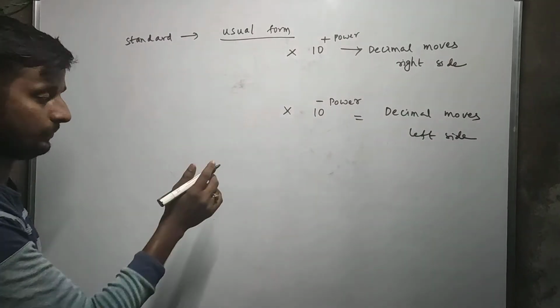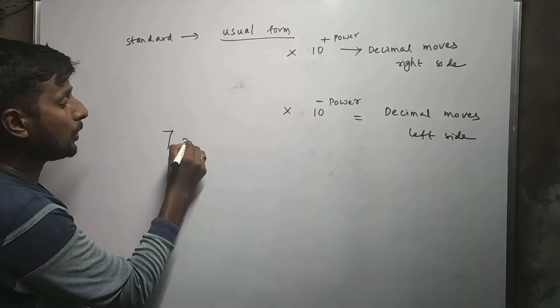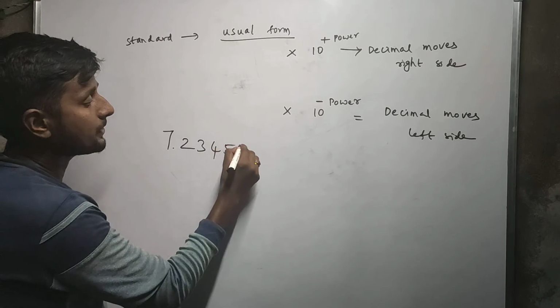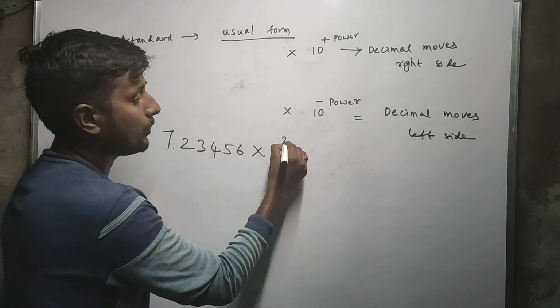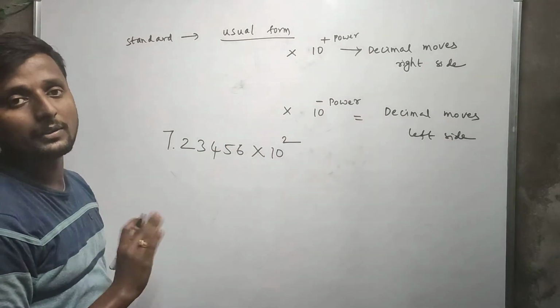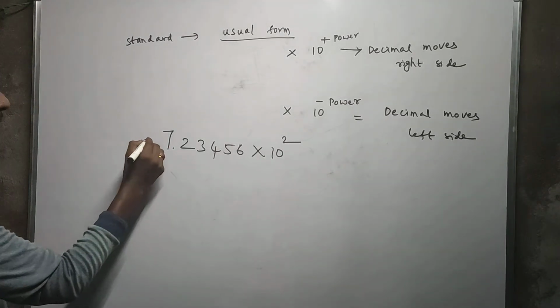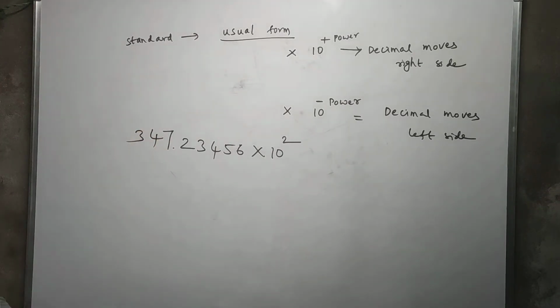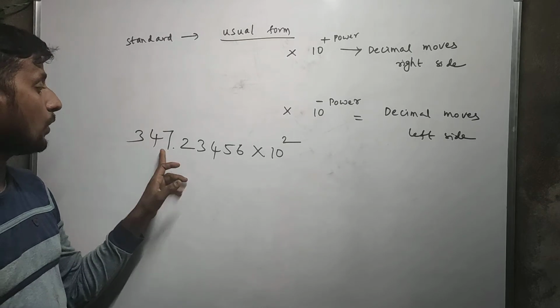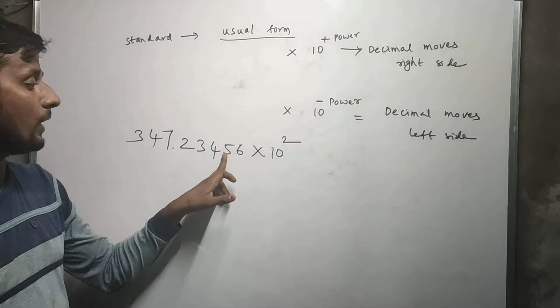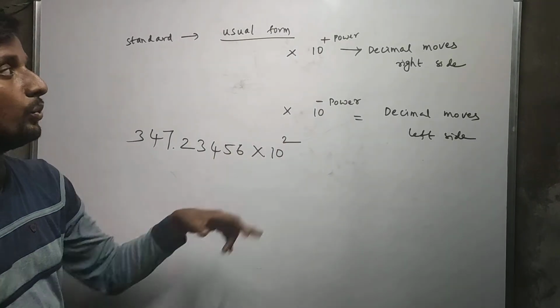Yes, we'll see 7.23456 into 10 to the power 2. Just for an idea I have taken this example. Okay, we'll take some more numbers also. 347.234567 into 10 to the power 2.